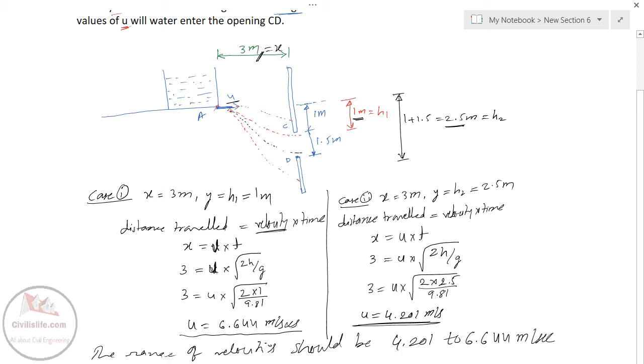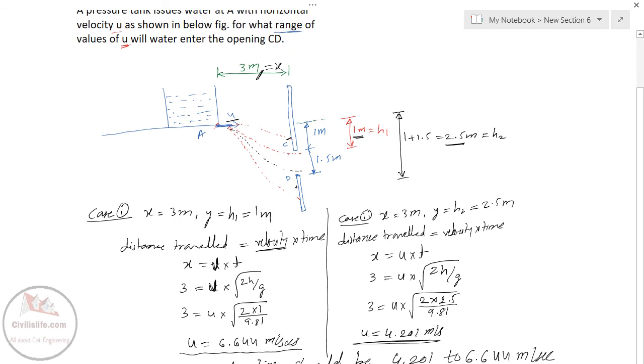Then only the water will enter the opening CD. If it is more than this, then definitely it will strike above the point C. If it is less than 4.201, it will strike below the point D. Yes, this is the solution.